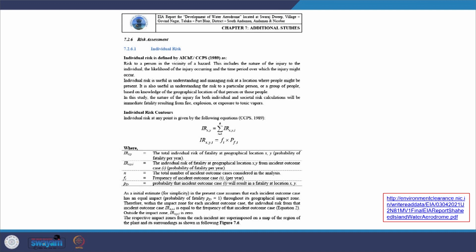Further, they have studied risk assessment related with individual risk. And what do they mean by individual risk? Risk to a person in the vicinity of a hazard. This includes the nature of the injury to the individual, the likelihood of injury occurring, and the time period over which the injury might occur. So they have given the formula here, they have calculated what's the possibility of that, and how the population is distributed in and around the facility, which can lead to individual risk.